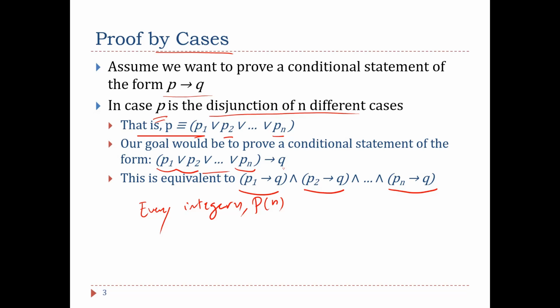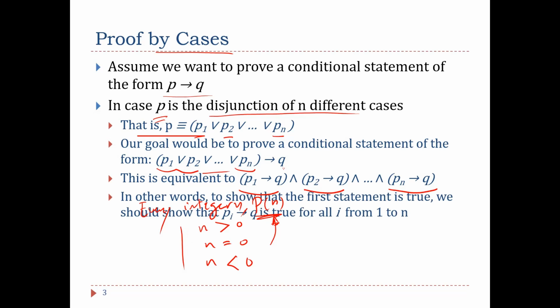So in this case, you may proceed with n strictly positive, n equal to 0, and n strictly less than 0. Maybe this actually influences the way you can proceed with the proof of your property P. So yeah, this is just a rough example of when the proof by case may be useful to you.